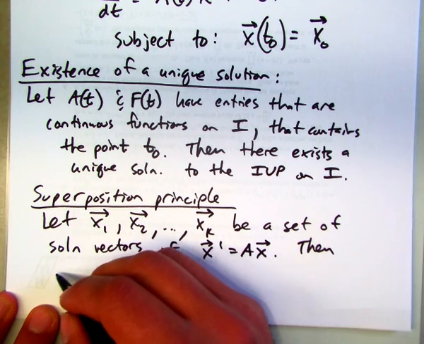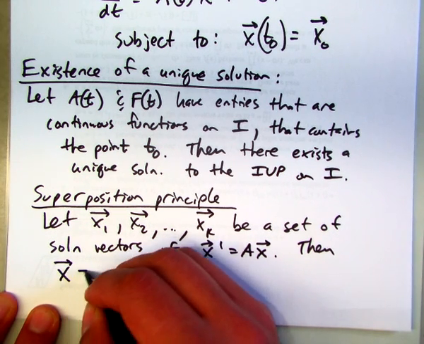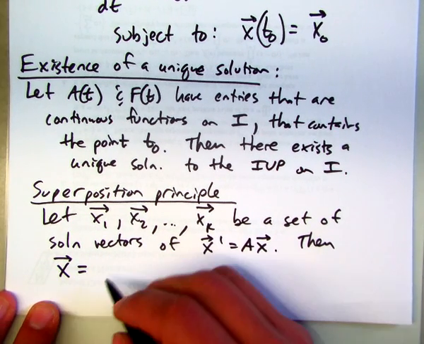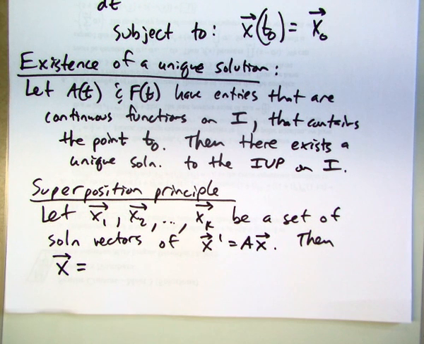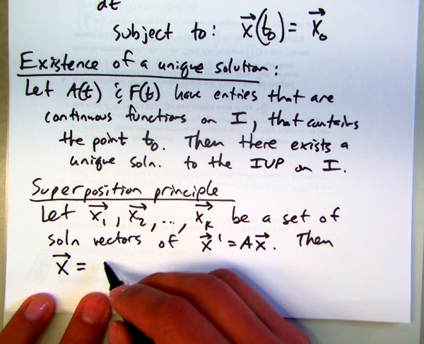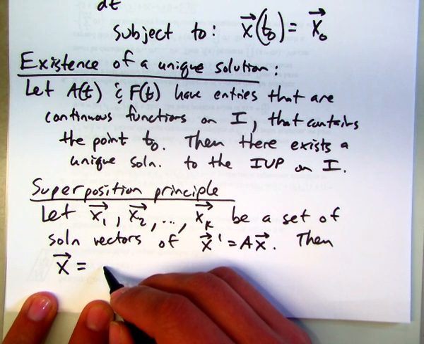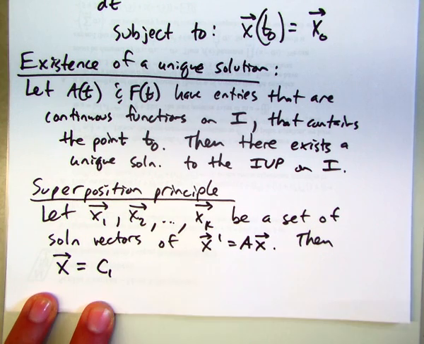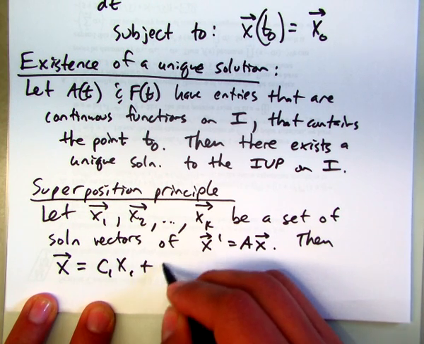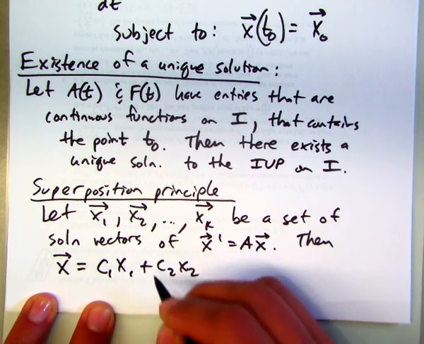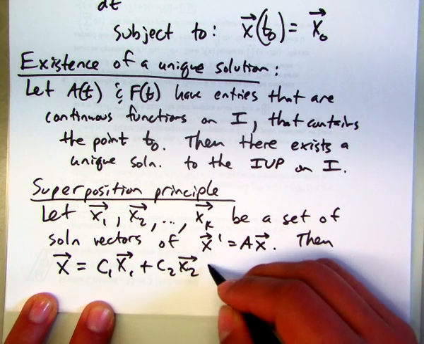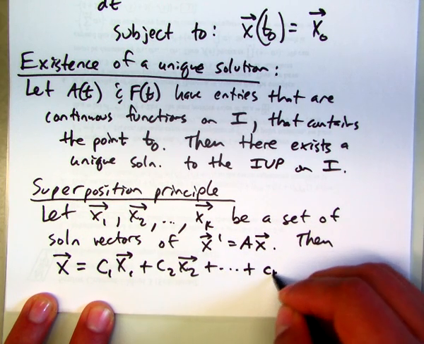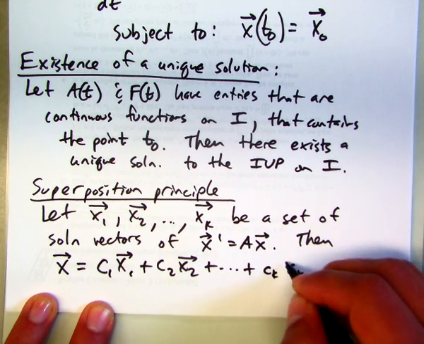Then x equals what is also a solution? That, in addition to any general constant, c1 x1 plus c2 x2 plus c sub k x sub k, is also a solution.